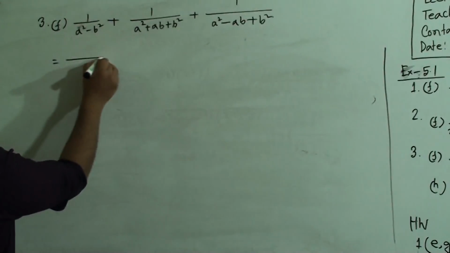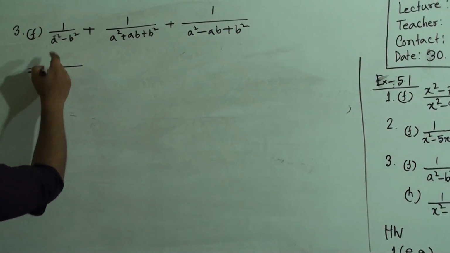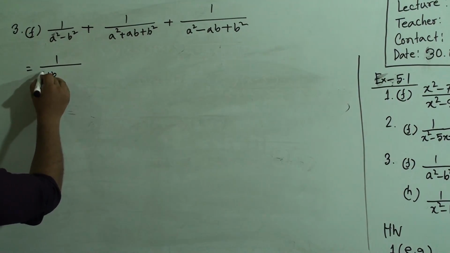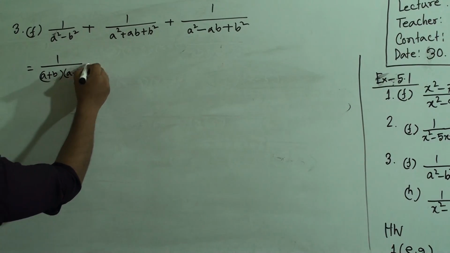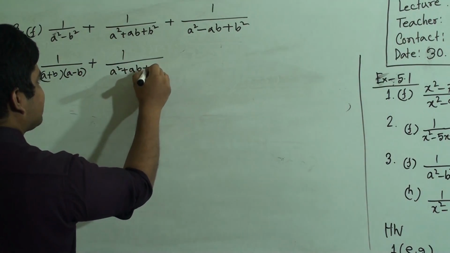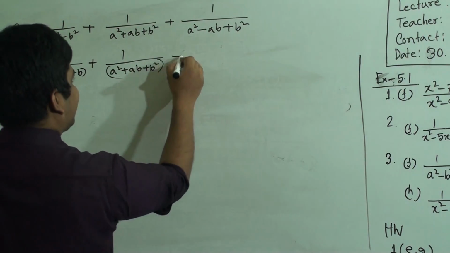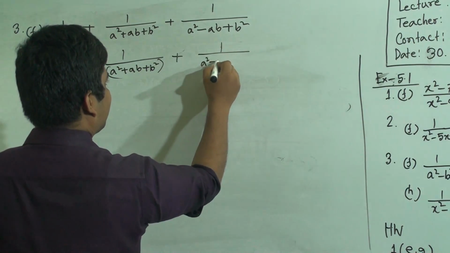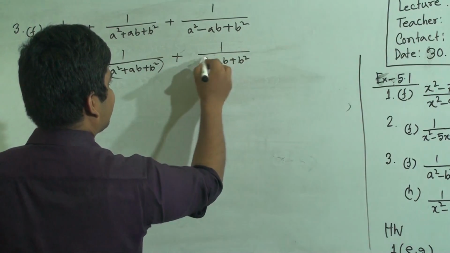So first of all we convert the denominator into factors, that is a plus b into a minus b. Then this is written as a square plus ab plus b square, and this is written as 1 by a square minus ab plus b square.